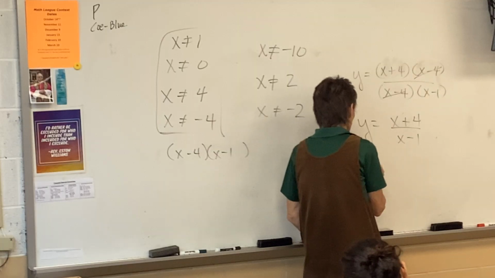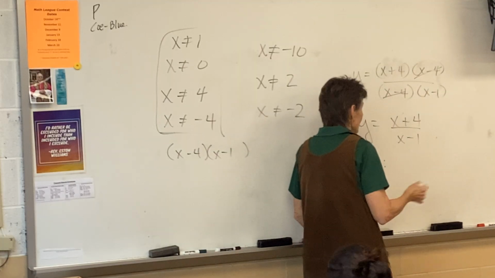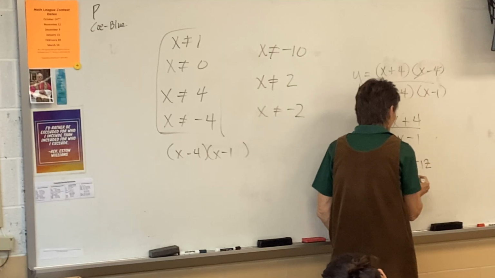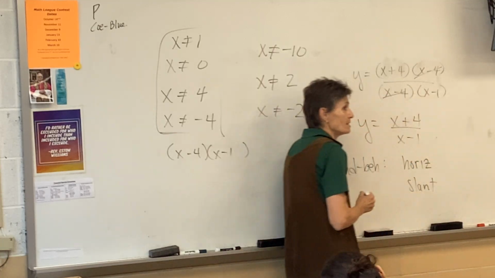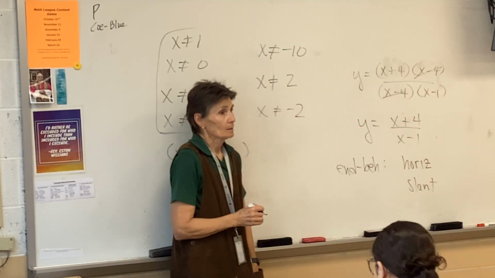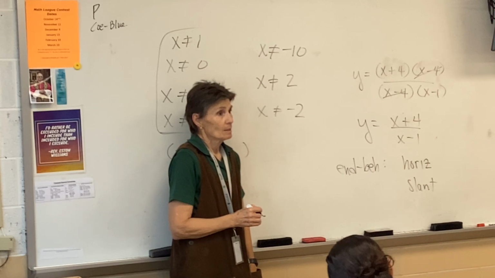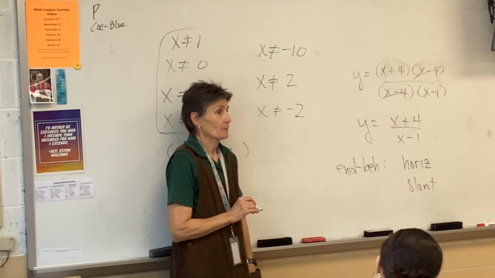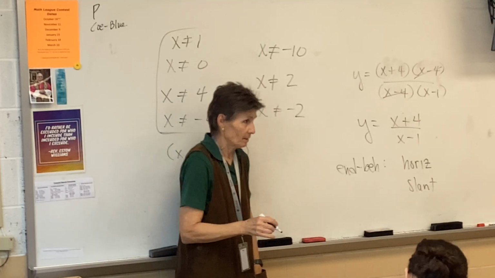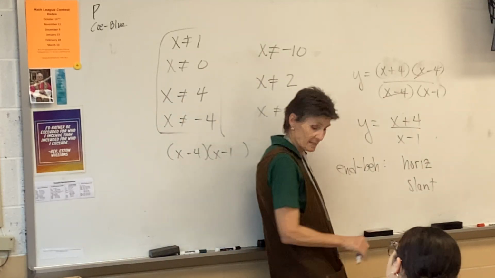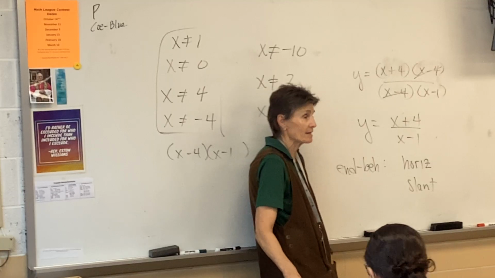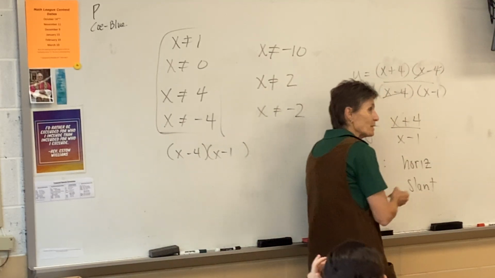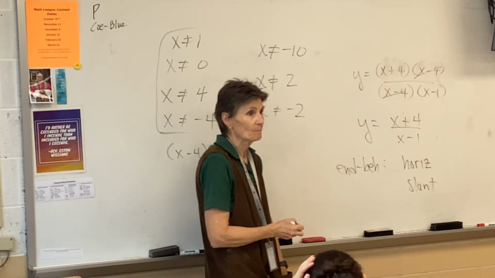And there are 2, I have it written wrong on the paper. The end behavior asymptotes are either horizontal or slant. So we want to know in this problem, instead of writing end behavior, I should write slant. Are we going to have a horizontal asymptote or are we going to have a slant asymptote?